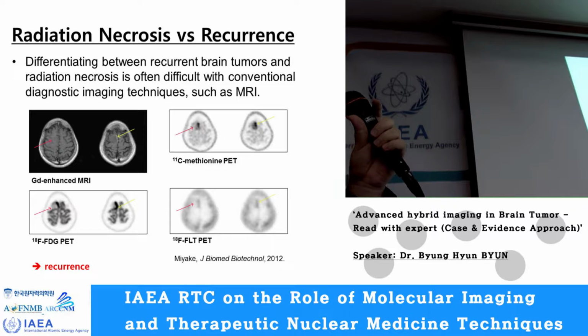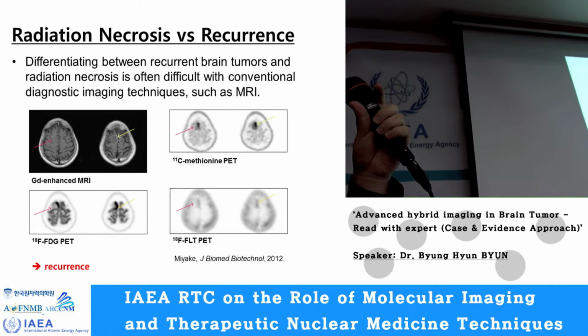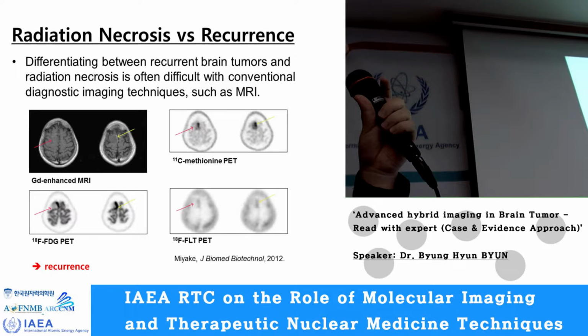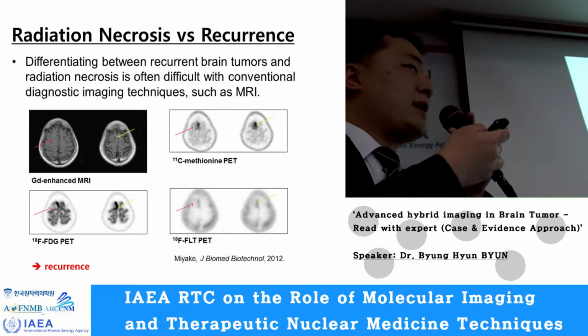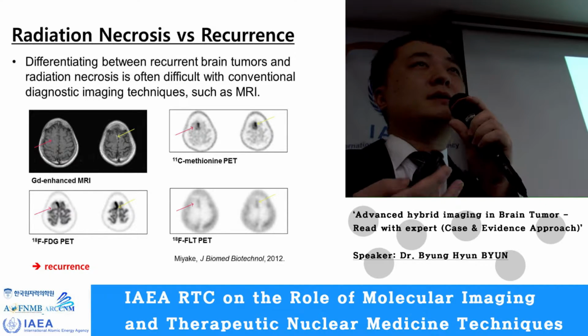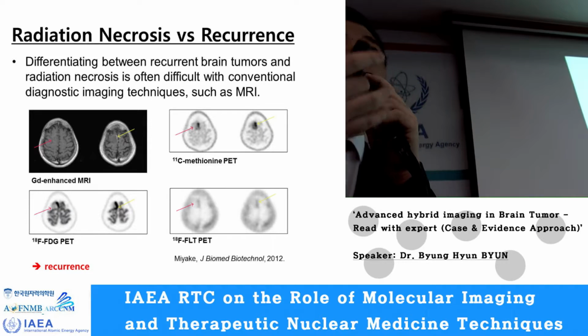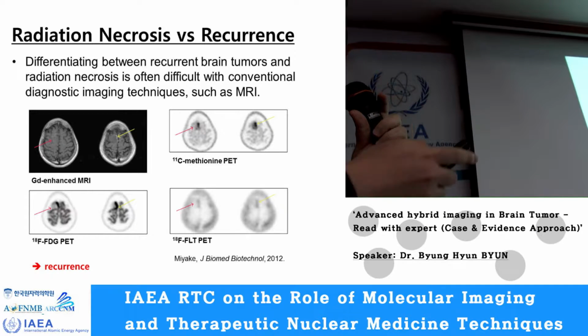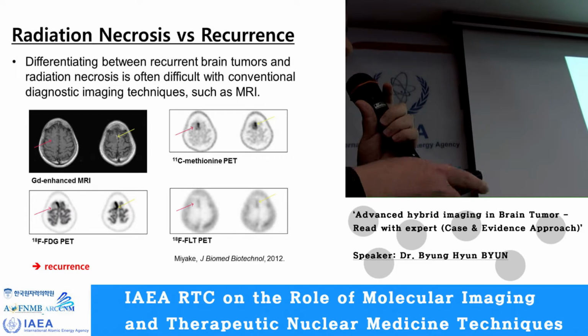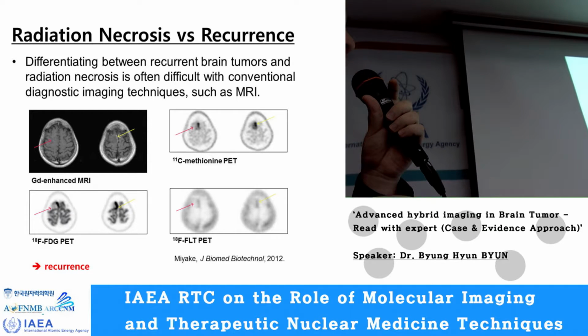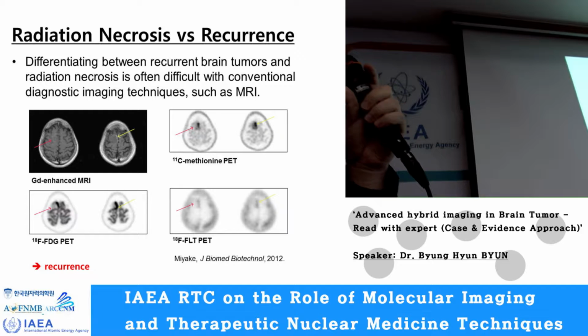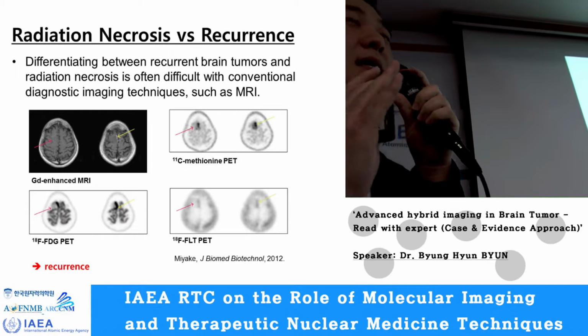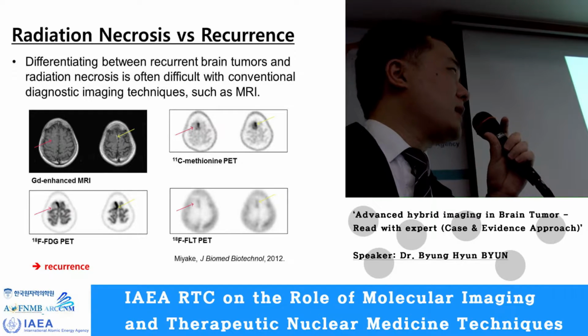Differentiation between recurrent brain tumors and radiation necrosis is often difficult with conventional diagnostic imaging techniques such as MRI, because as you know, during the follow-up of brain tumors after the treatment, surgery or radiotherapy, the region can show enhancement, although it is not a recurrent tumor.